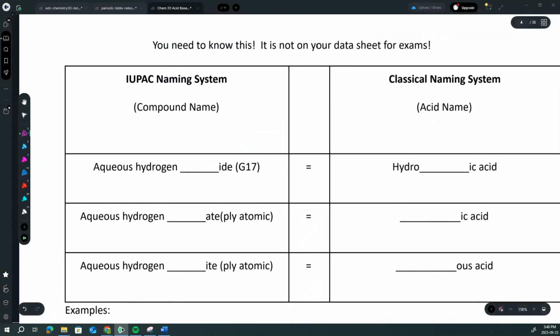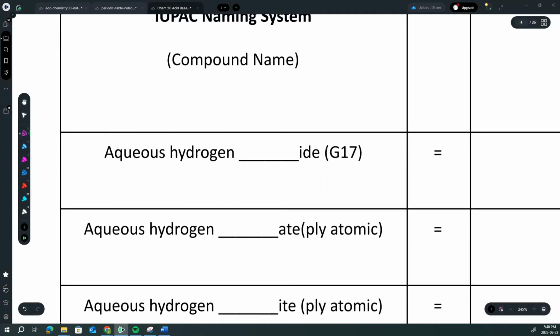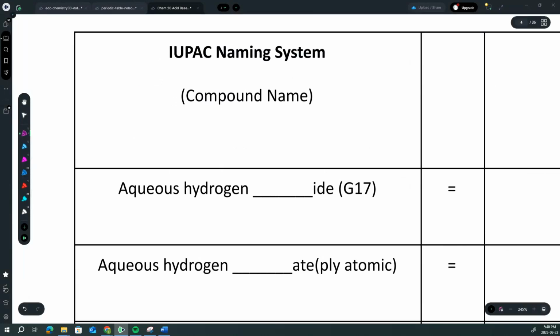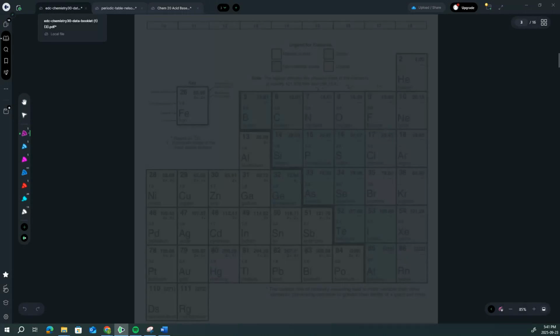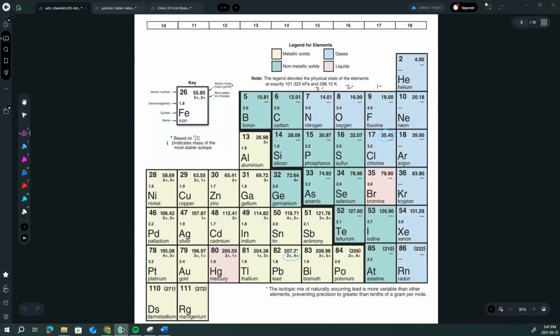So for our first example here, using the IUPAC naming system, this is just involving a compound that's acidic that has hydrogen with some other element from group 17. So if we look at our periodic table, group 17, that's going to include fluorine, chlorine, bromine, iodine, and astatine.